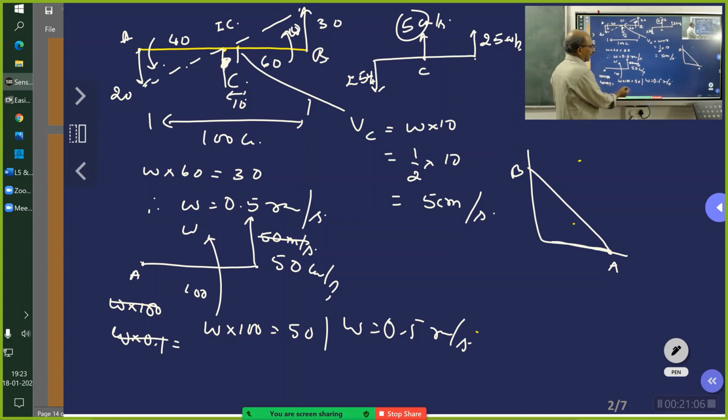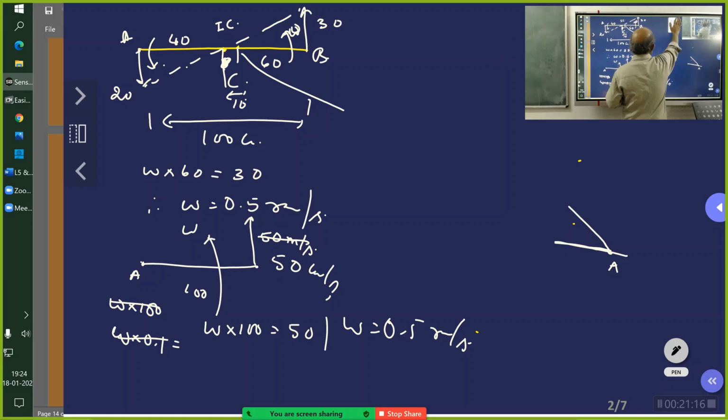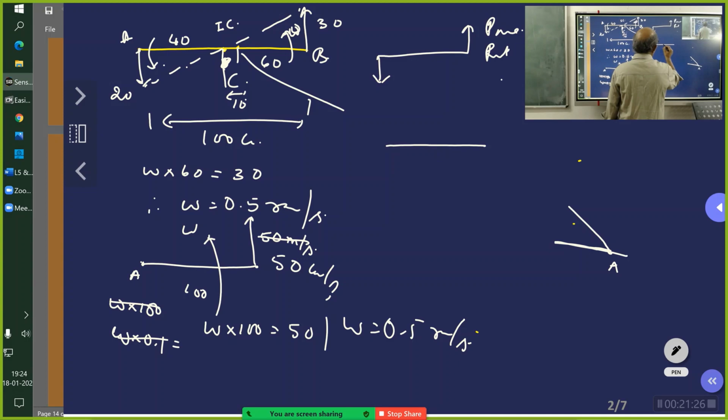See, after getting this answer, you have put it like this. That is what you are telling, before you have just split this into two. What I would like to say is, you are looking at it like this. So one is this rod is making only pure rotation, and the rod is having pure translation.